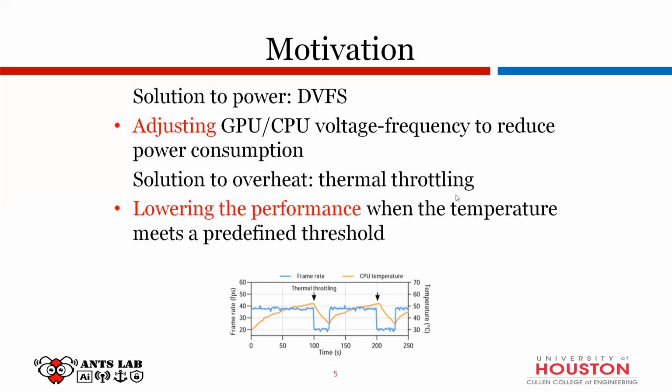Thermal throttling is a temperature threshold, right? Let me give an intuitive example. Say the thermal throttling threshold is 51. If we touch 51, we need to go down very quickly.